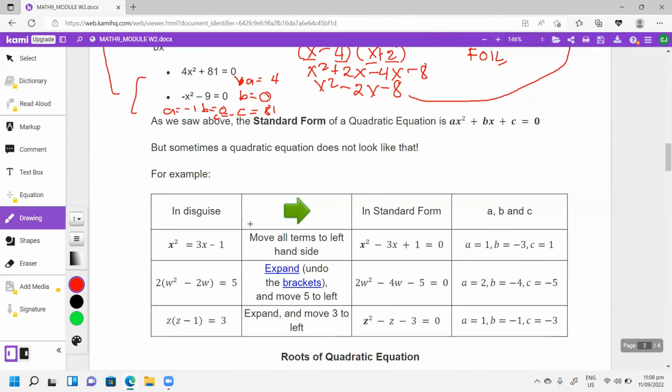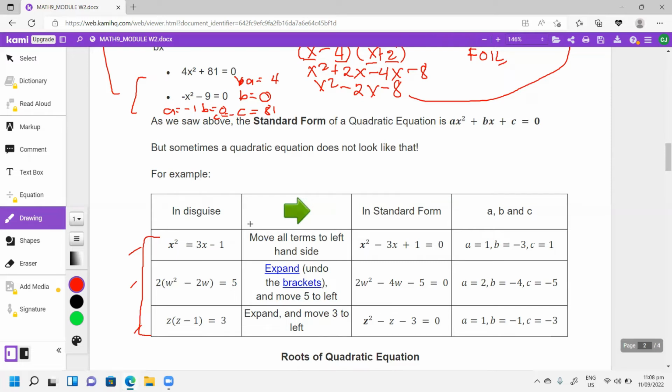As we saw above, the standard form of a quadratic equation is ax squared plus bx plus c. But sometimes the quadratic equation doesn't look like that, because there are times that the quadratic equation is in this form. For example, these 3 examples are in this form. This is an example of a quadratic equation because, as you can see here, the highest exponent is 2. Diba?